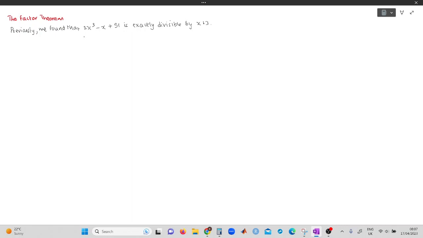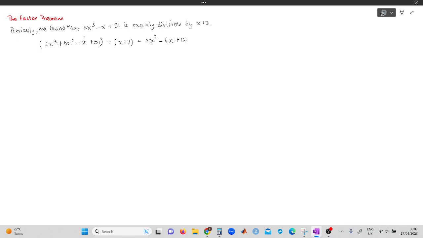Ok, on a vu ça tout à l'heure là. Donc, quand on a fait 2x cubed, bien sûr, nous avons plus 0x squared, retirer x plus 51. Quand on a fait ça divisé par x plus 3, ok, on a eu 2x squared minus 6x plus 17.